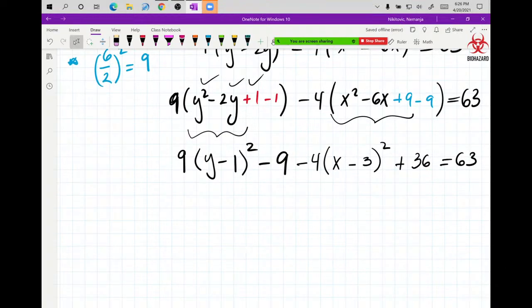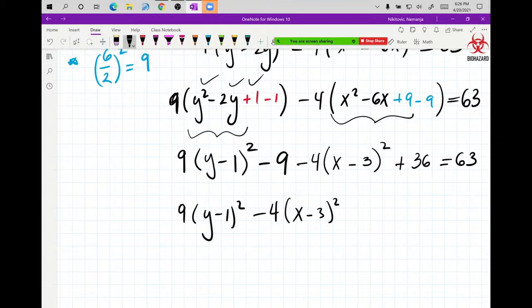So now I have to deal with these constants first, and then we'll see, hopefully we get something nice. 9(y minus 1) squared minus 4(x minus 3) squared, and then plus 27 equals 63.